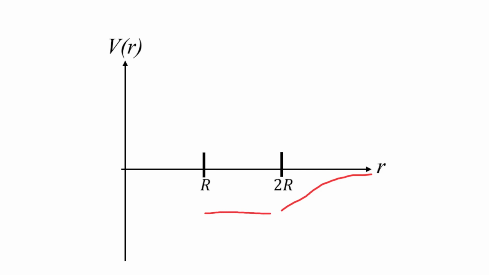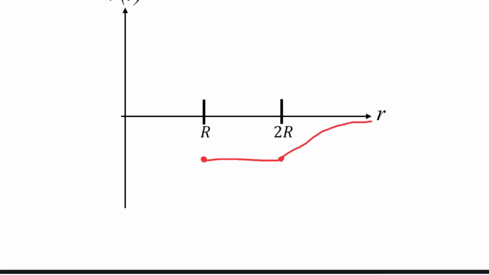So again, the field is 0 in a conductor, which means that the potential can't change. The potential can be not 0, as we just saw, but that means that the change in potential is 0 because the field tells you that. And then as we get closer and closer to the center of the cavity, we get closer and closer to that downhill valley. So we actually get this sort of potential graph.